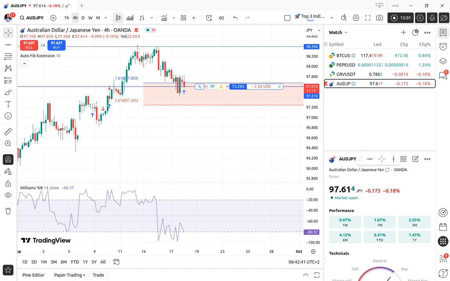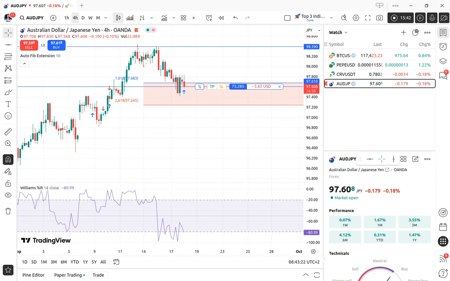The direction. So basically, our risk is on our entries.